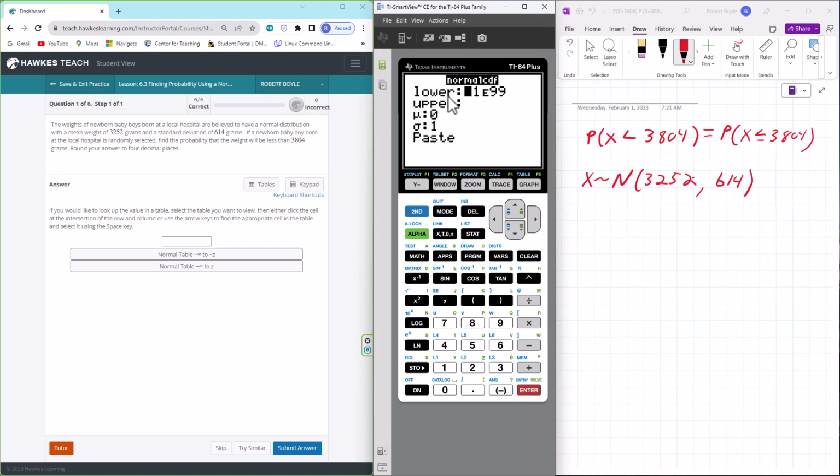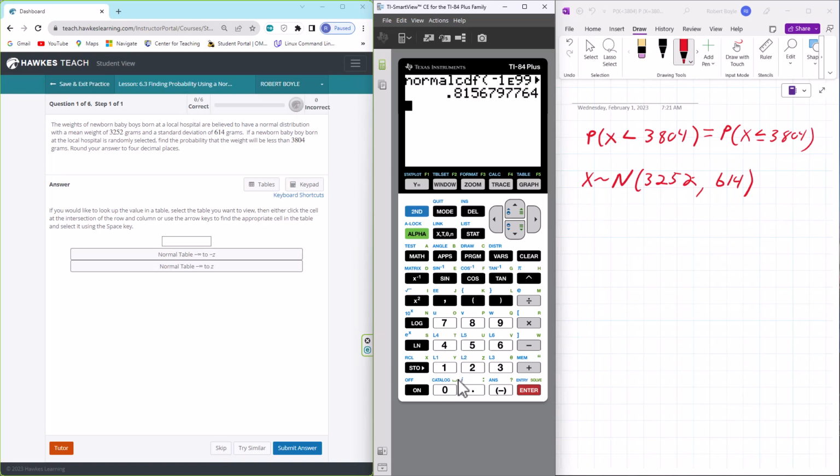Our lower limit is going to be as low as the calculator can get, which is -1 times 10 to the 99th. The upper value is going to be 3,804. The mean is 3252, and the standard deviation is 614. Hit enter again, and again.